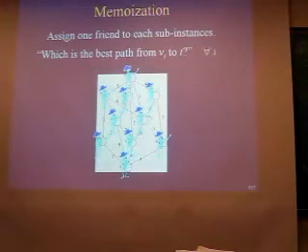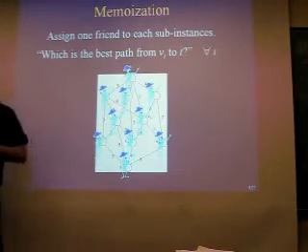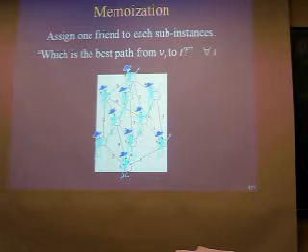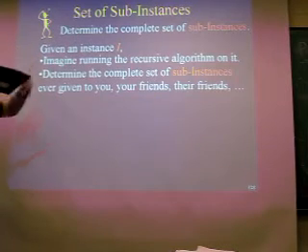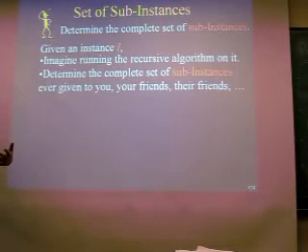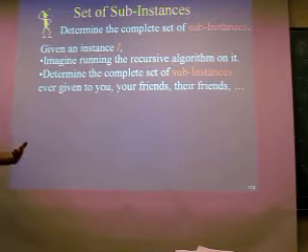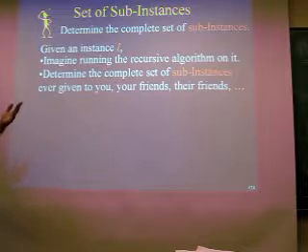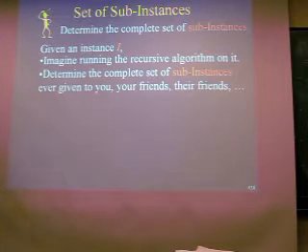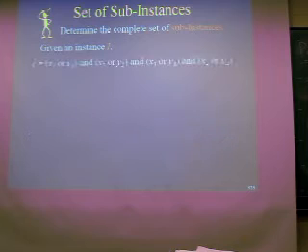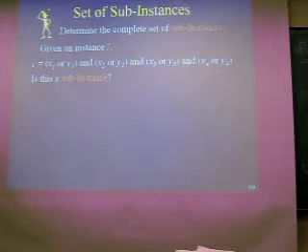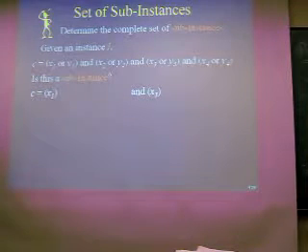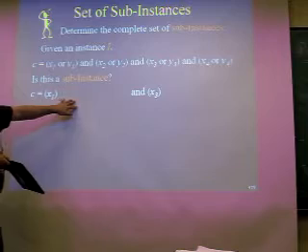All right, so now, if we're going to do dynamic programming, we want to say, hey, that was too much. So we want to look at the set of sub-instances. We start with our instance, and we see what are all the sub-instances that ever arise. And what do you think is going to happen here? We're going to have a nice small number of them? No, our wedding party is going to blow up. We're going to just have too many people. So for example, if this was our instance, is this a typical subinstance?